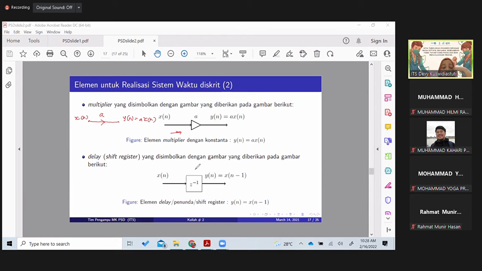If you put the input x[n] through this shift register, the output of this shift register would be x[n minus 1]. So it is like x[n] delayed one step.